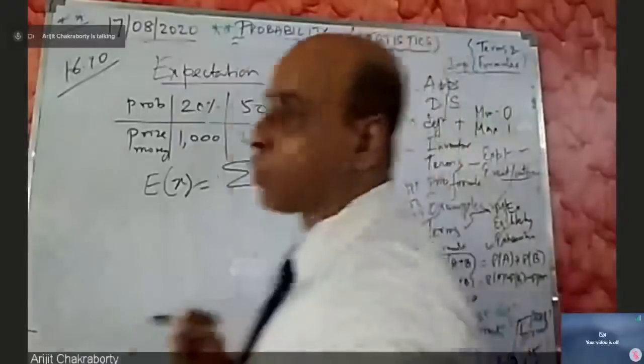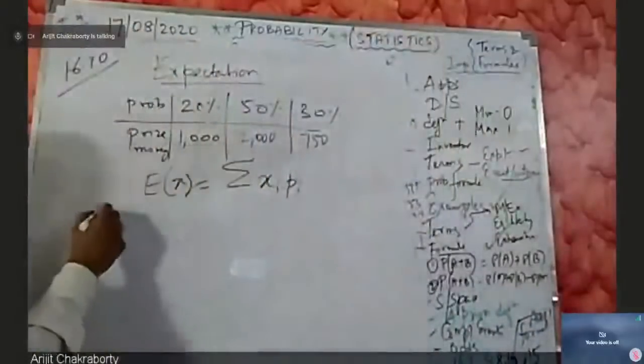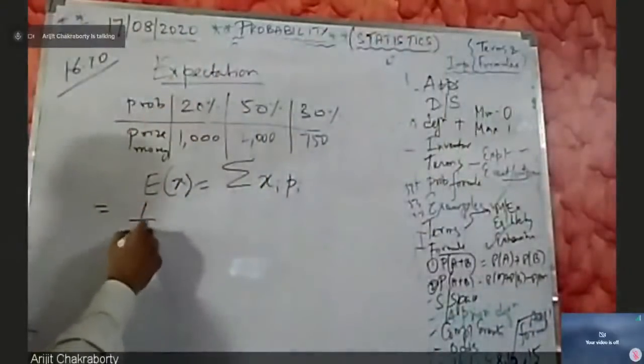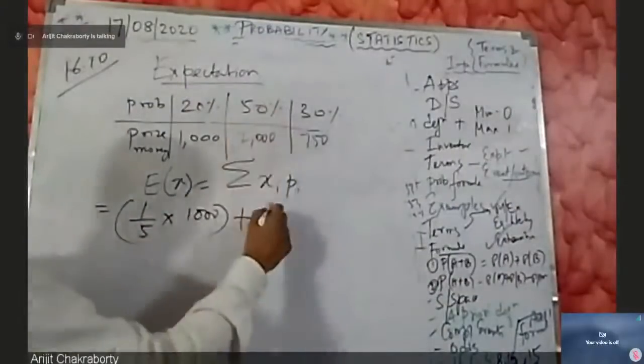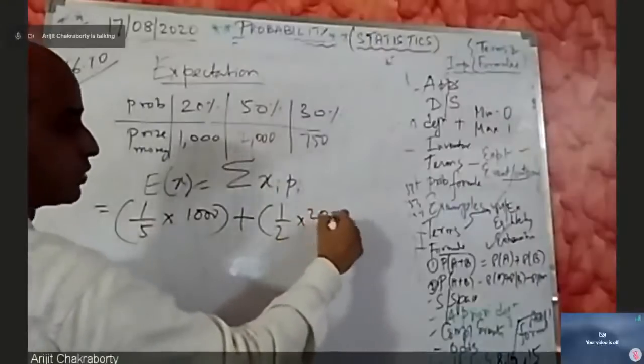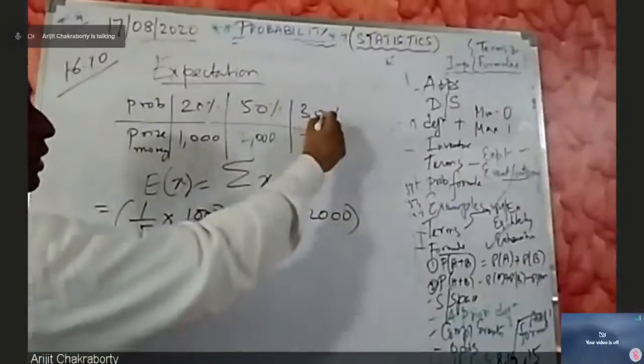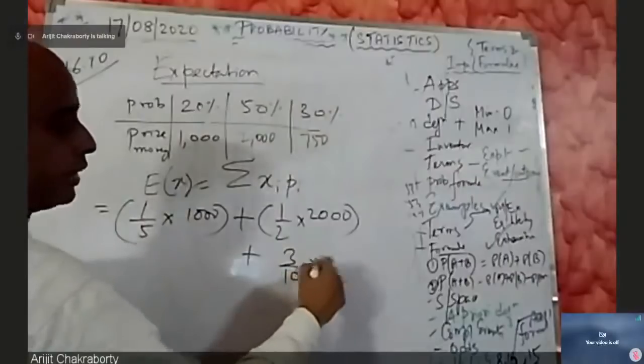Okay, so in this case, the total expectation will be 20% means 1 by 5 into 1,000 plus 50%, that is half into 2,000 plus 30%, that is 3 by 10 into 750.